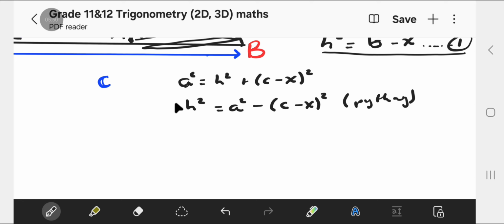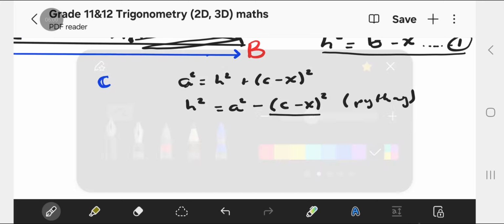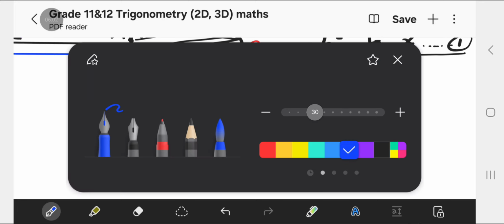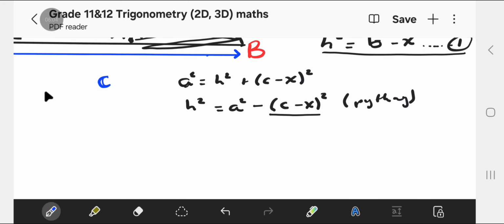So let's see now. We can see that we can expand this, right, using the product. So let's just try to expand that on the side so that we can insert that. So that is C minus X squared. If we multiply out these brackets, we are going to have C squared minus 2CX, and then plus X squared.